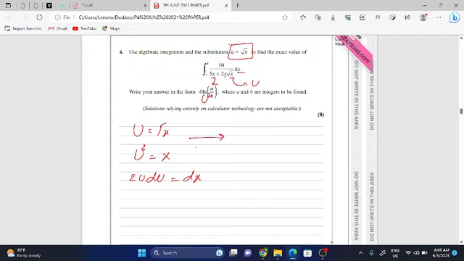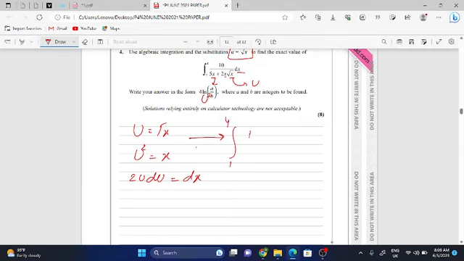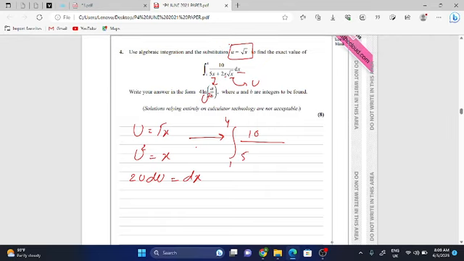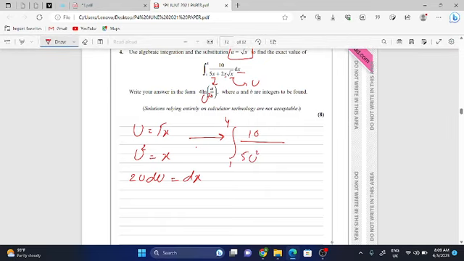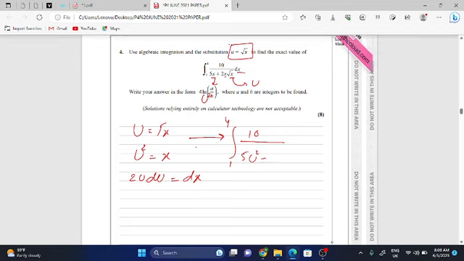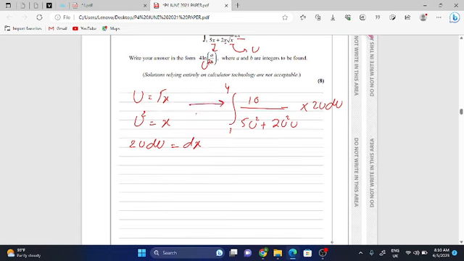So you can see it can be written as the integral from 1 to 4 of 10 over 5 times u square plus 2 times u square root of u times 2u du. Next, what you can do?